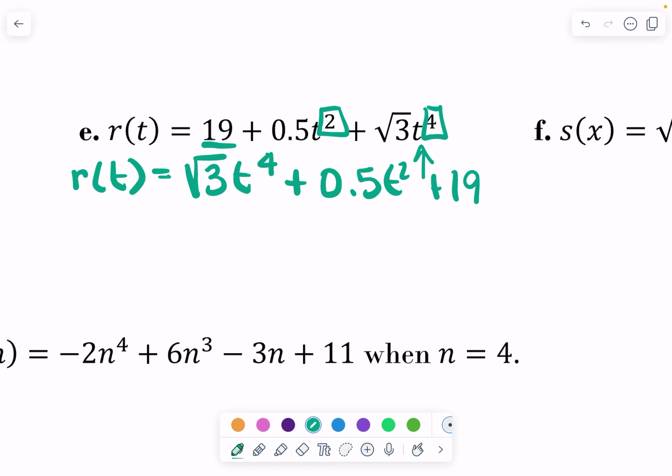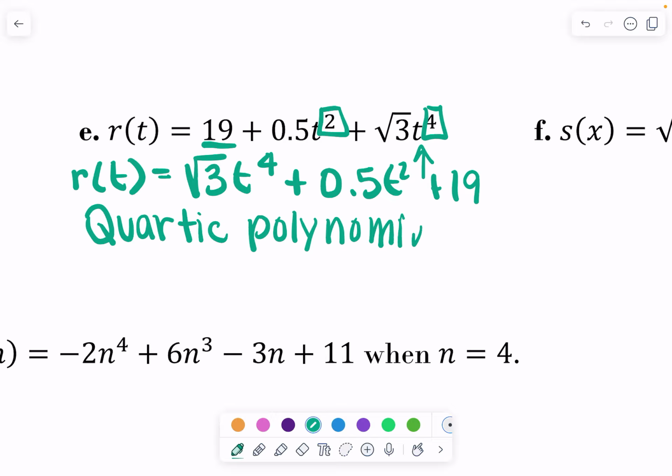The number of the term is 4, which is quartic. So it's going to be a quartic polynomial. And the leading coefficient, in front of that highest exponent, this time is the square root of 3.